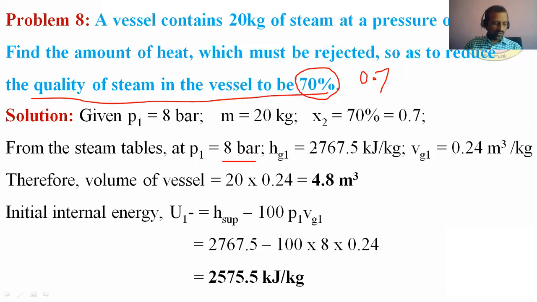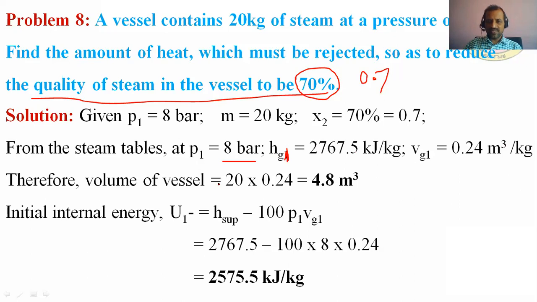Don't confuse this with 1, it is Hg only. You will understand further why I have given 1 here. It is 2767.4 kilojoules per kg. Next one is Vg, that is 0.24 meter cube per kg.